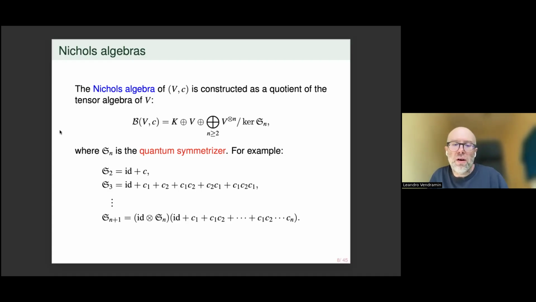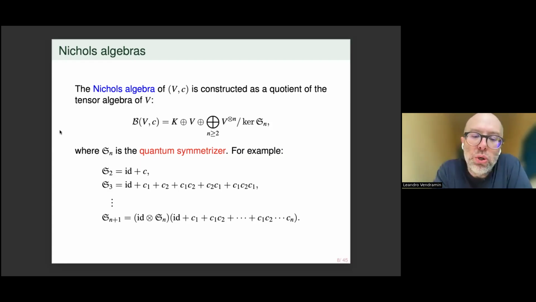So here I give a very explicit description of these quantum symmetrizers. It's a recursive formula. The first quantum symmetrizer you see there, sigma 2 or S2, is identity plus C, which is a linear map from V tensor V into V tensor V. Then the third quantum symmetrizer is this sum that I wrote there. As you see, I have 6 terms.